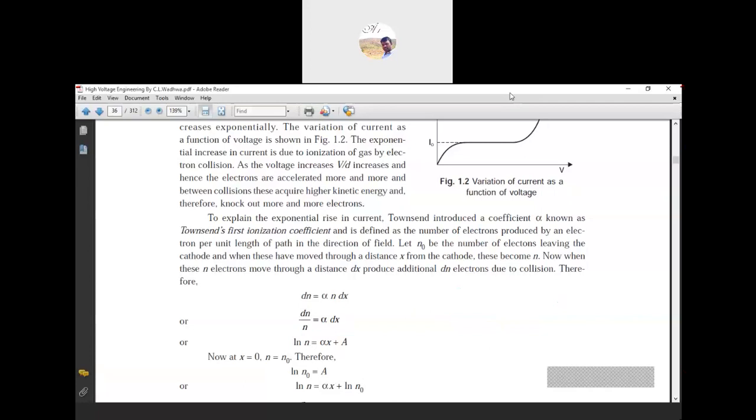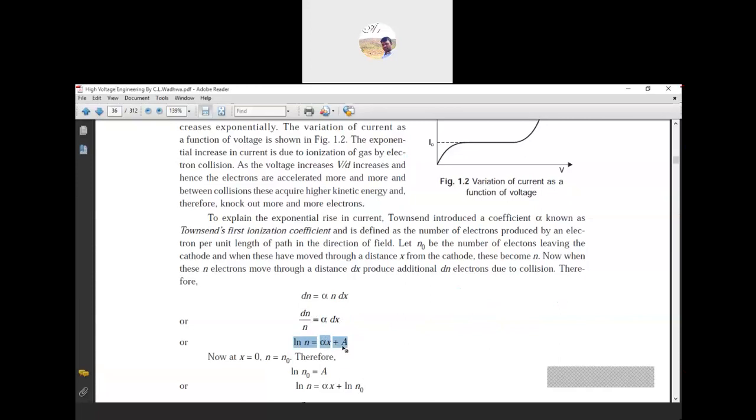From the integration we get log n, and on the other side the integration gives alpha x plus a.